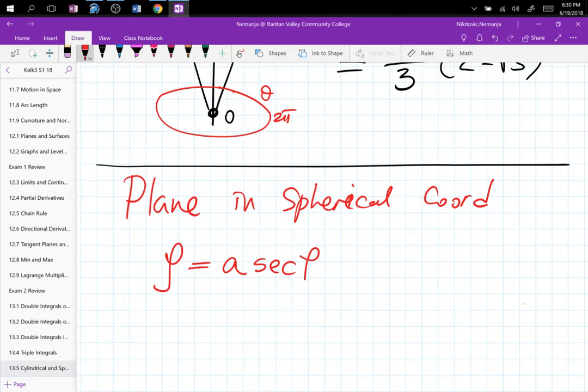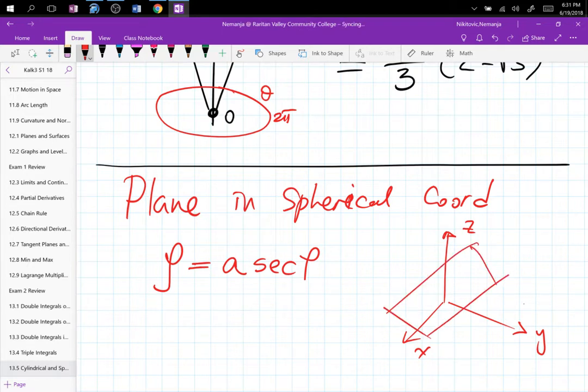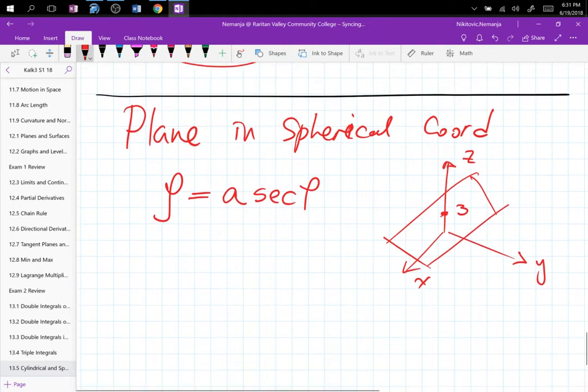If I have some kind of plane, say the XY plane, that's parallel to the floor, something that goes up to 3, then this plane will be given as rho equals 3 secant phi.